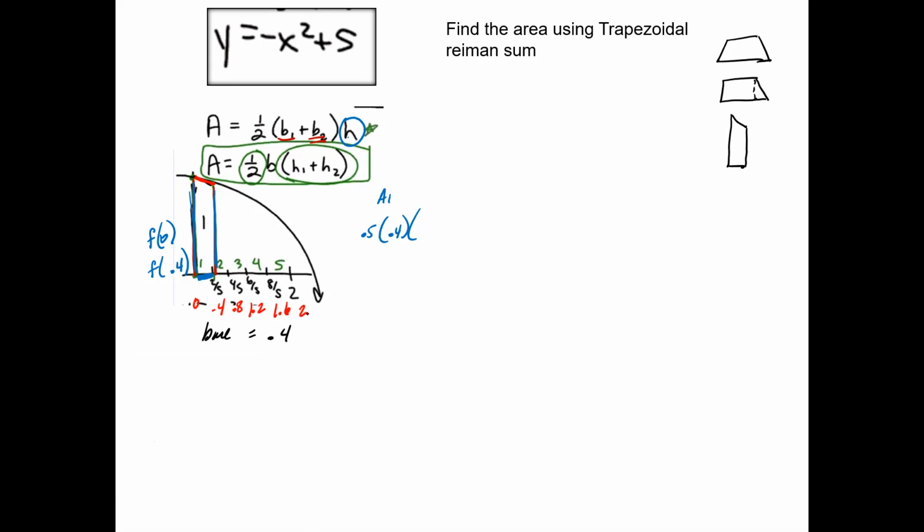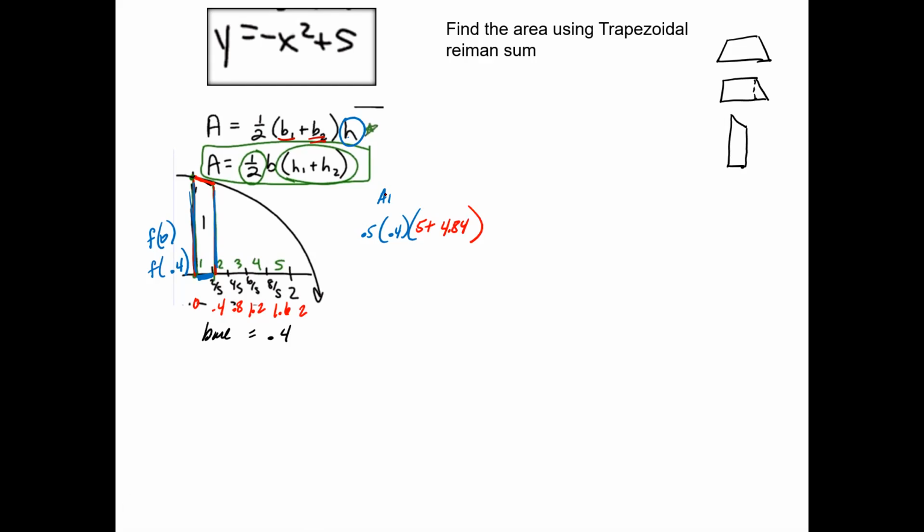Okay. So then height 1, which is going to be f of 0. So do your second calc, which is going to be 5, plus height 2, which is f of 0.4, and that's going to give you 4.84.